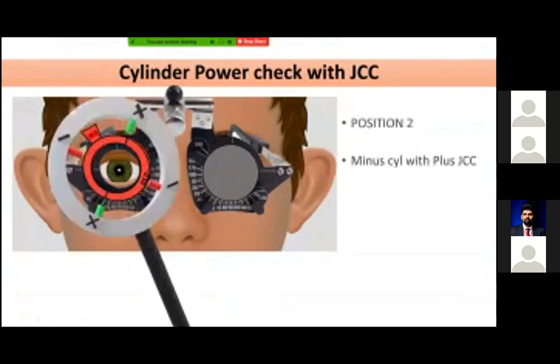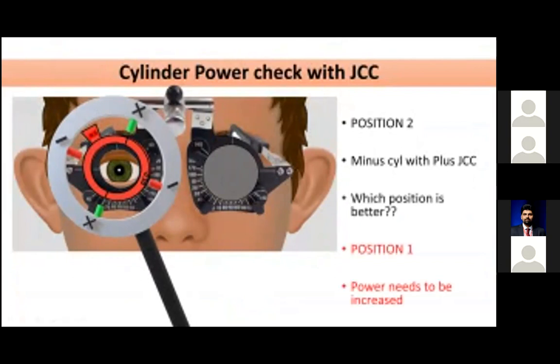And we ask the patient which one is better, position 1 or 2. Patient says position 1 is better. Position 1 was when the minus was in the direction of the cylinder, and this is a minus cylinder. So this tells us that we need to increase the minus power. If the plus would have been a better position, then we would have to decrease the power. So here the patient says that with the minus in the axis of the cylinder, the view is better. So we need to increase.